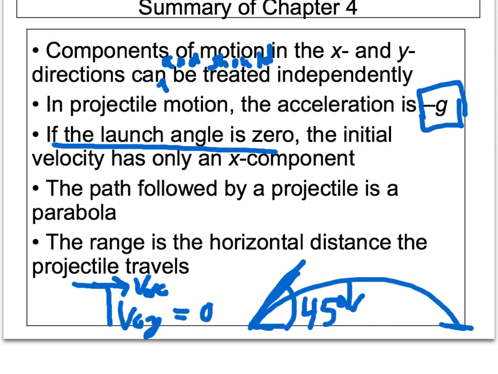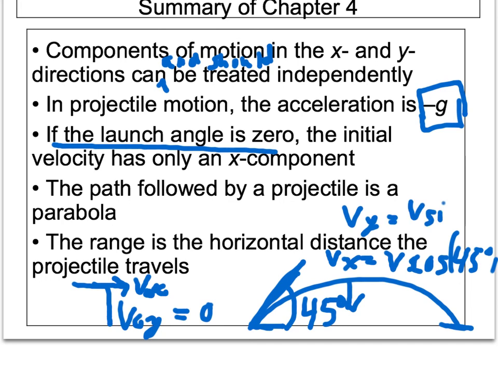So in this case, where it's 45 degrees, Vx is V cosine 45 degrees. Vy would be V sine 45 degrees, where V is the velocity in the direction of this vector.